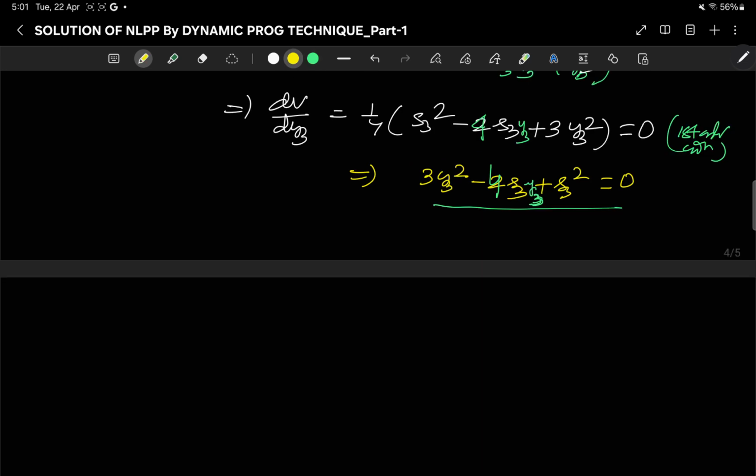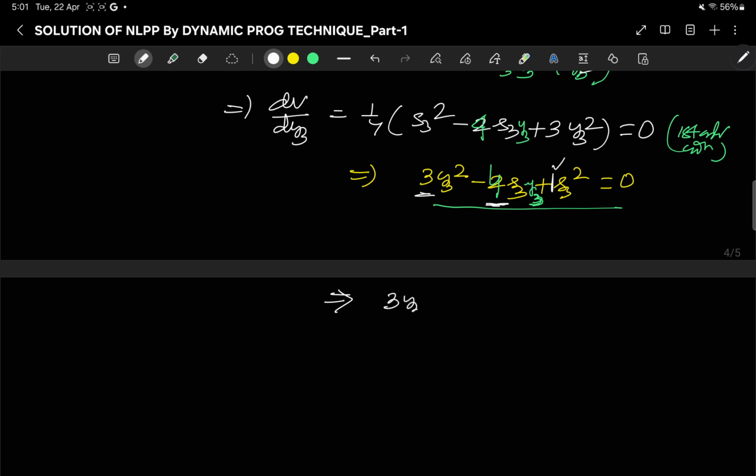So we apply middle term factorization: 3 into 1 is 3, and we want to make it 4, so minus 3 minus 1.